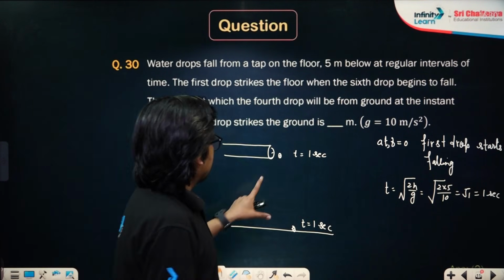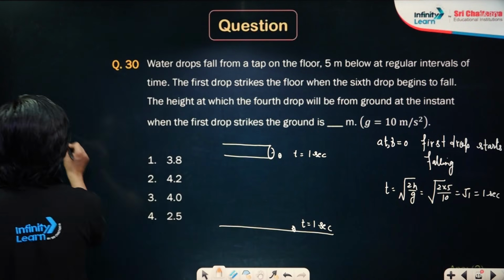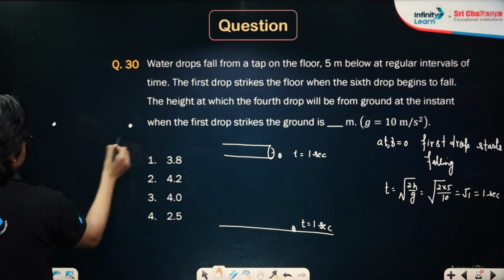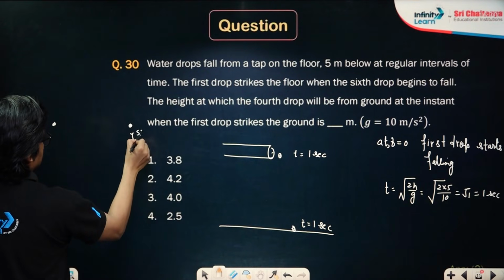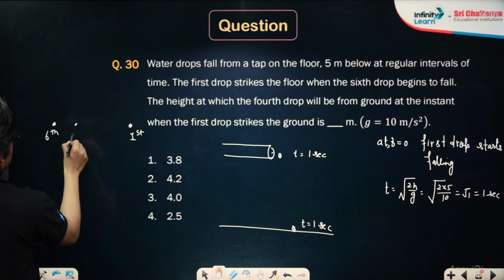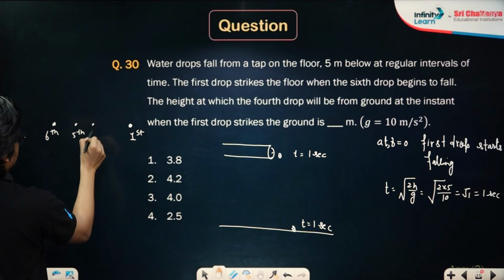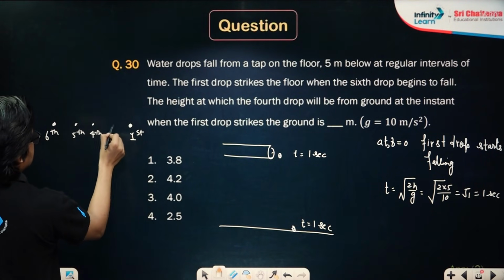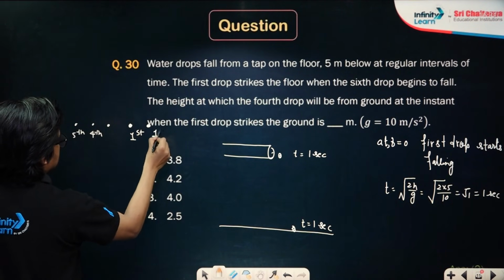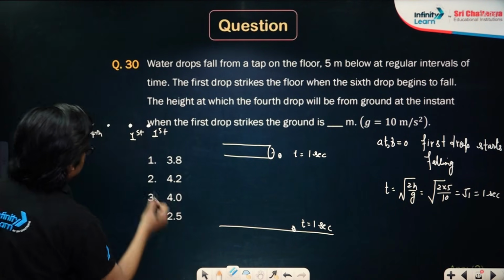So I can divide the time interval into 5 parts. There is this first drop, let us say it is touching the ground. Then there is the sixth one, then the fifth one, which has been generated, then the fourth one, the third one, and the second one.